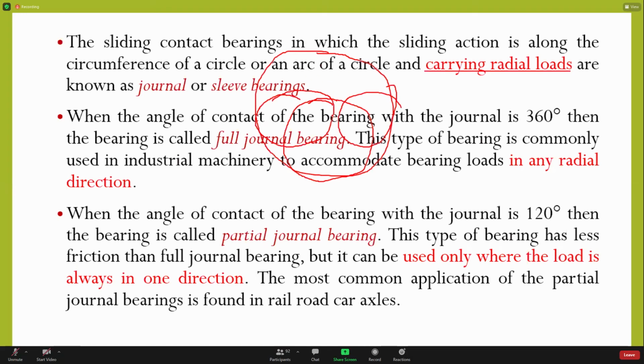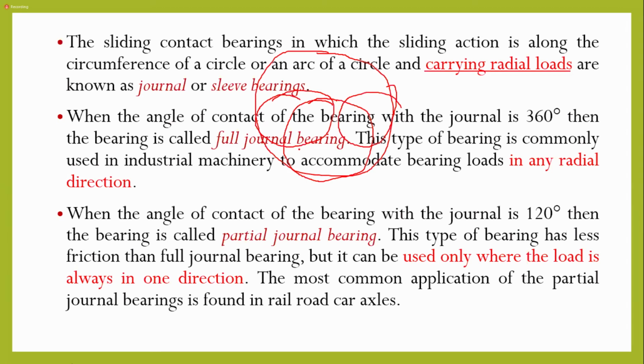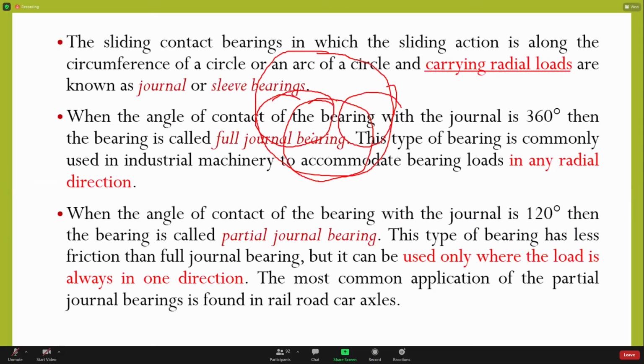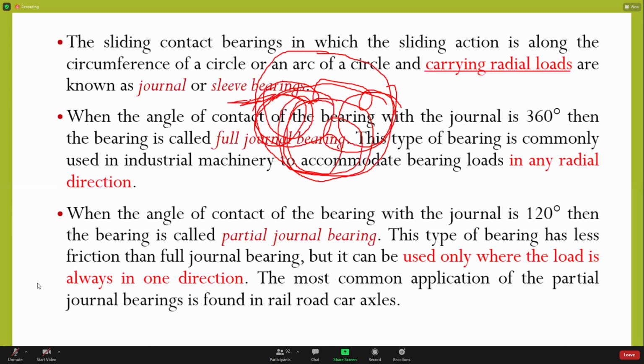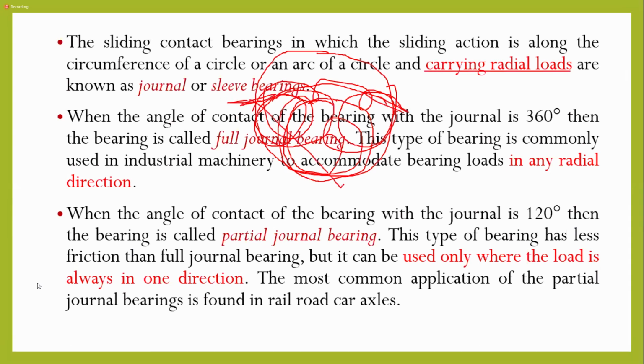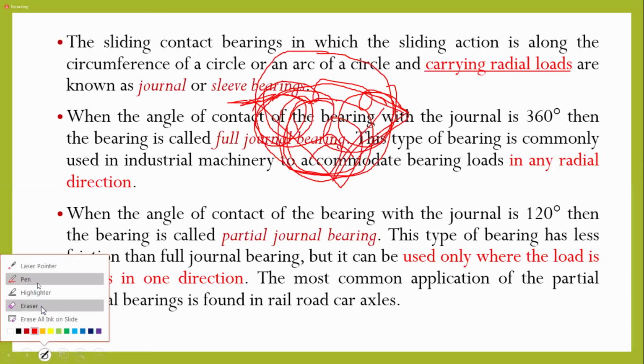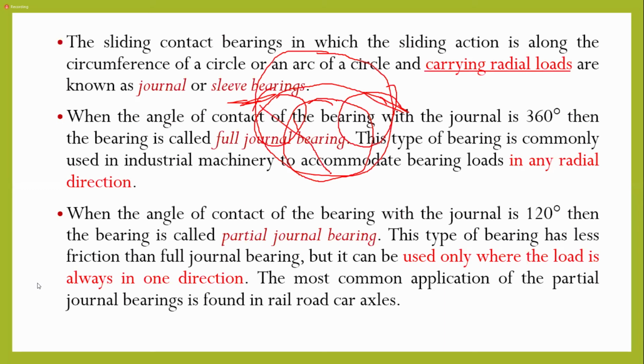When we start a machine, it will go somewhere here, then come back to this place, and again roll to this place, this place, this place. So it will be rolling within this range, and this angle of contact will be only 120 degrees, from this point to this point.